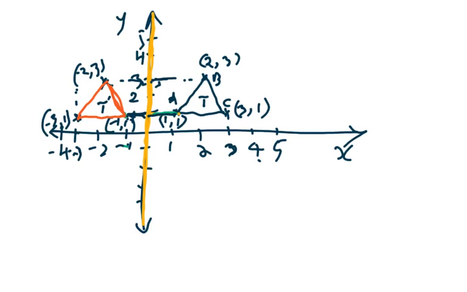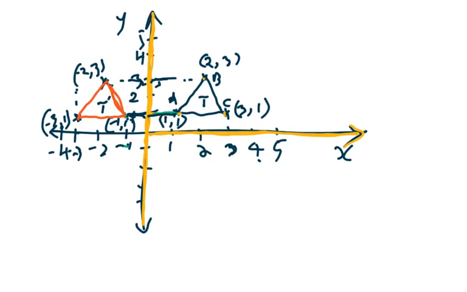Again, let's look at our mirror line. We're asked to find the image of T when reflected along the x-axis. So the x-axis becomes our reflection line. If that is the reflection line, that means every point on T, A, B, C, is going to move exactly the same number of units from there in the opposite direction.